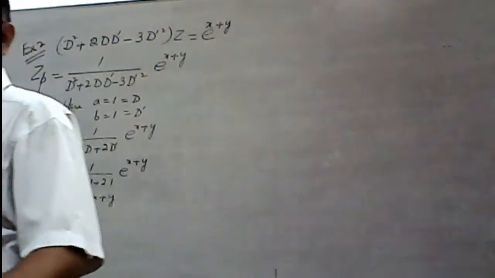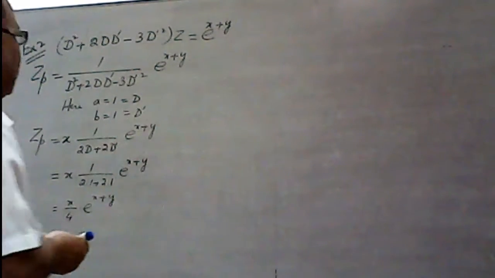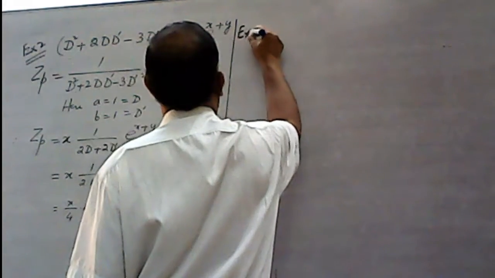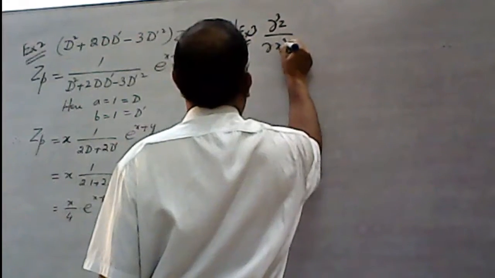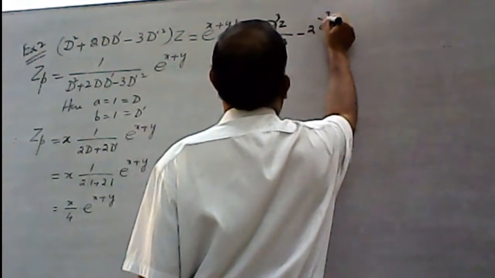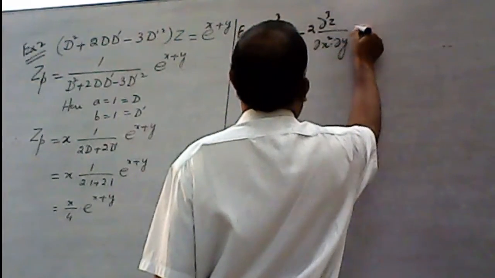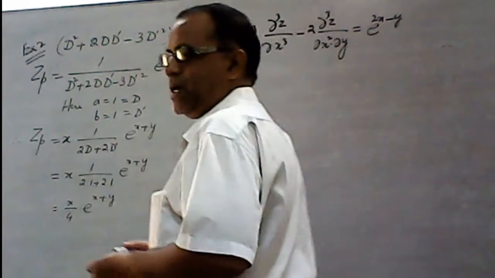Let's say we have example number 3: partial 3z over partial x cube minus 2 partial 3z over partial x square partial y equal to e power 2x minus y.